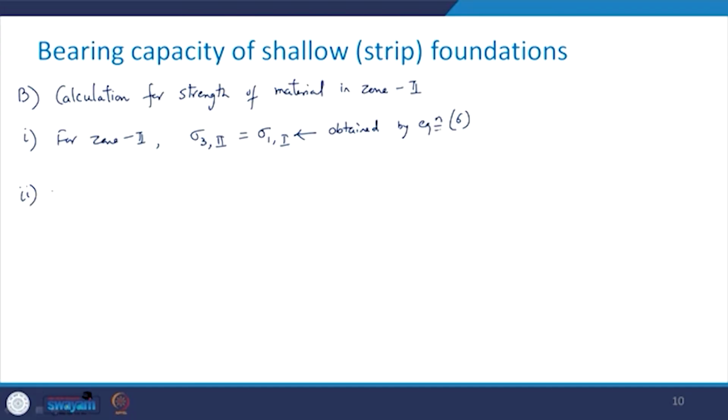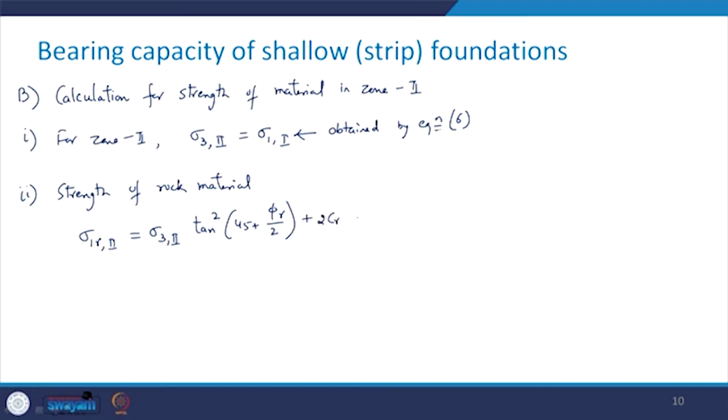So, let us go to the next step and try to get the strength of the rock material in zone 2. So, sigma 1r of zone 2 will be equal to sigma 3 of zone 2 tan square (45 plus phi r by 2) plus 2 cr tan (45 plus phi r upon 2).